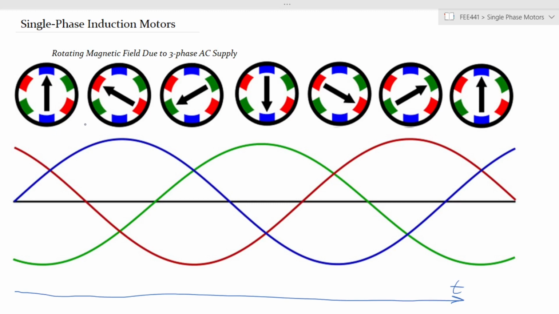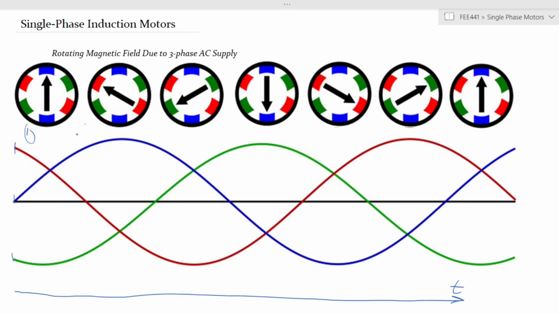So for example, in instant number 1, we have blue having a 0 value, red having a positive, and green phase having a negative value, in which case, due to the arrangements of the windings within the stator, the resultant magnetic field is in the direction shown.